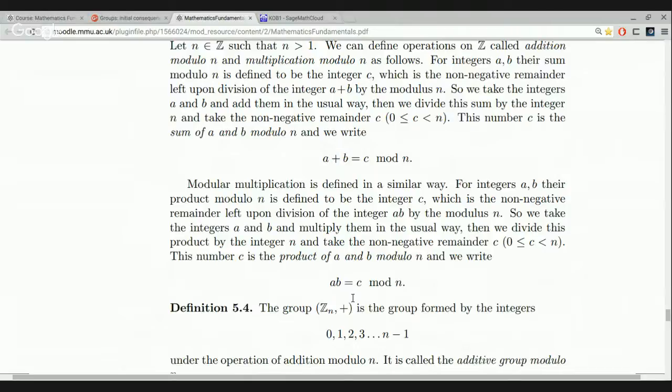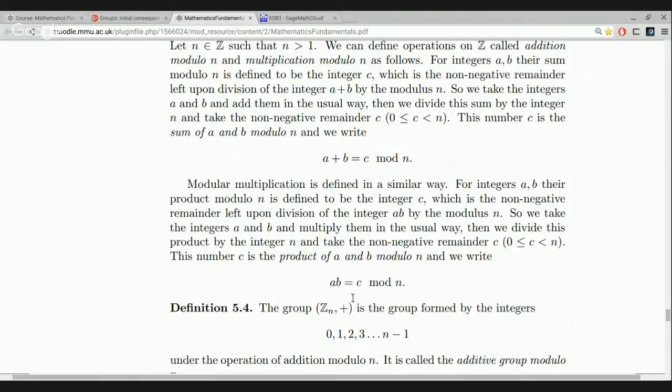So for example, modulo 5, what is 3 times 4? Well, of course, it is the integer 12. But if you divide 12 by 5, you get a remainder 2. So the way we write that is 12 is equivalent to 2 modulo 5. So the value of applying this operation 3 times 4 modulo 5 is 2.